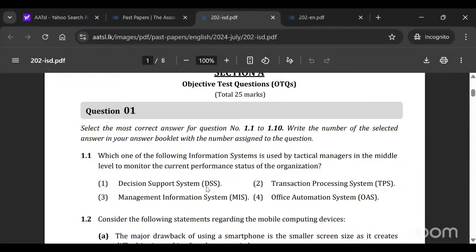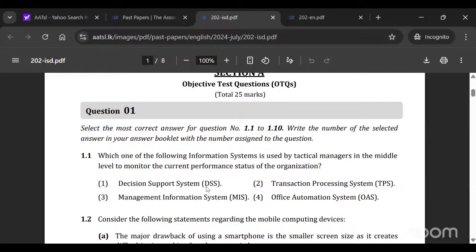Now, questions 1 to 10: write the number of the selected answer in your answer booklet with the number assigned to the question, right? You are not supposed to underline. You have to write the correct answer number 1, 2, 3, or 4.